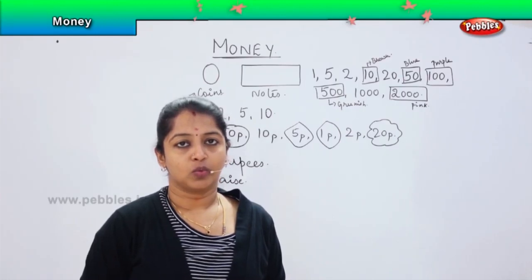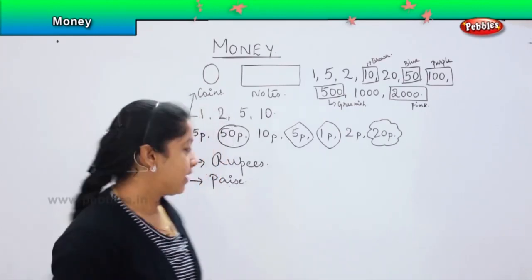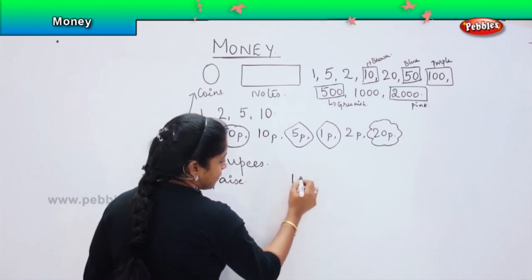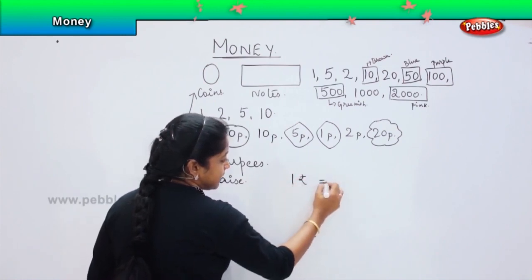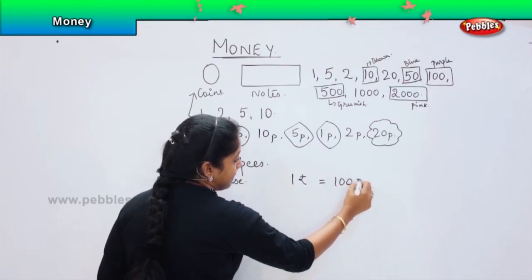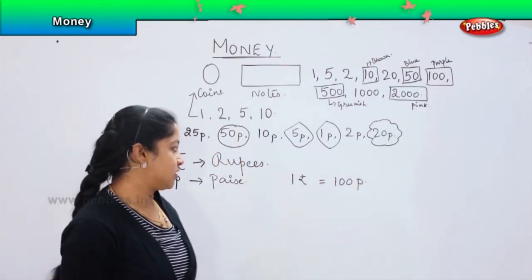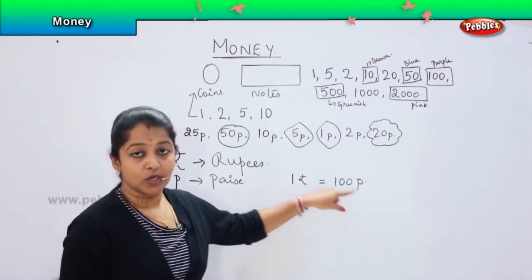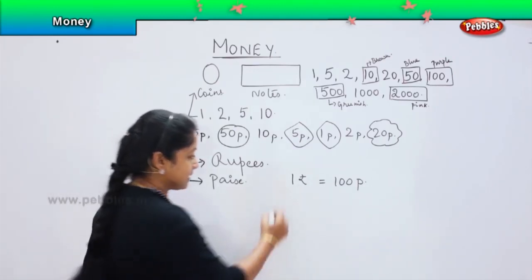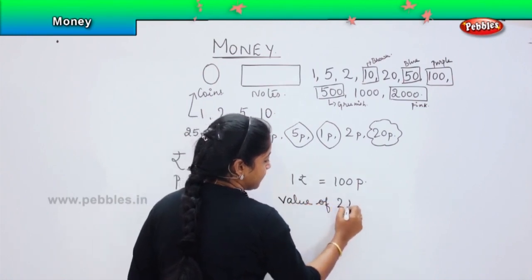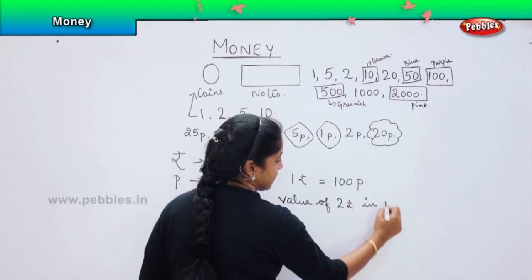How are we going to convert the money value? For example, 1 rupee is equal to 100 paise. Yes. So suppose if you get a question that if 1 rupee is equal to 100 paise, what is the value of 2 rupee in paise?